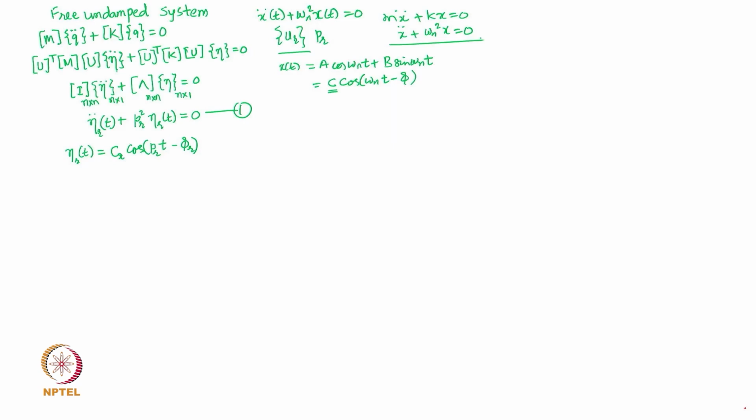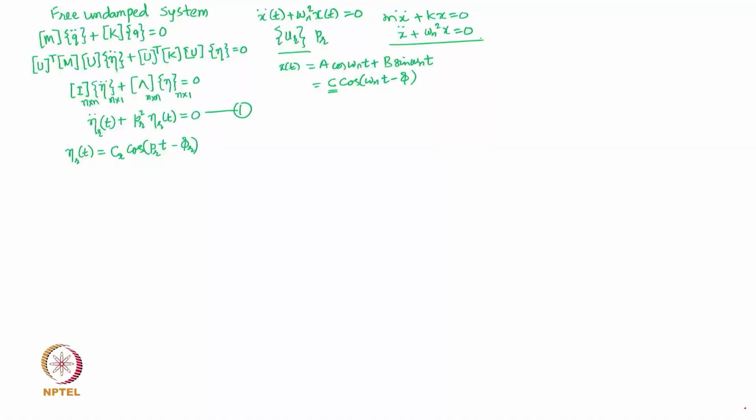What we are looking at is, once those modal parameters are known, how to find the response to initial conditions, or later on when we bring in the forcing term, how to find the response to the forcing function as well. Now, to get the two arbitrary constants evaluated, we need two equations.